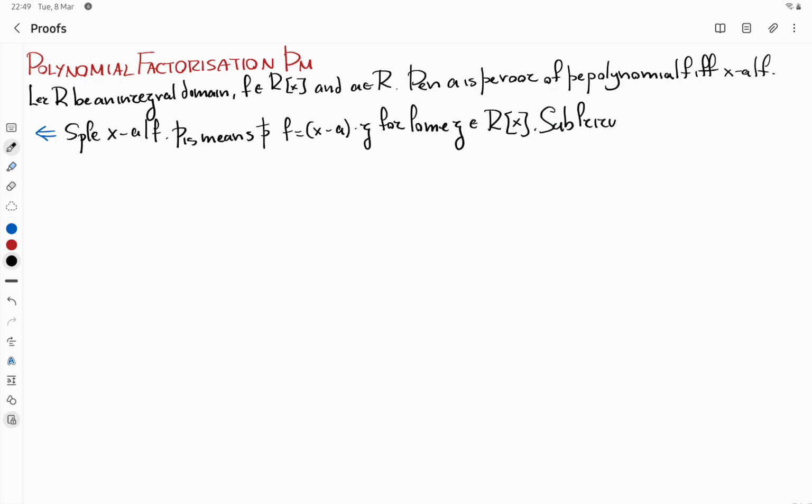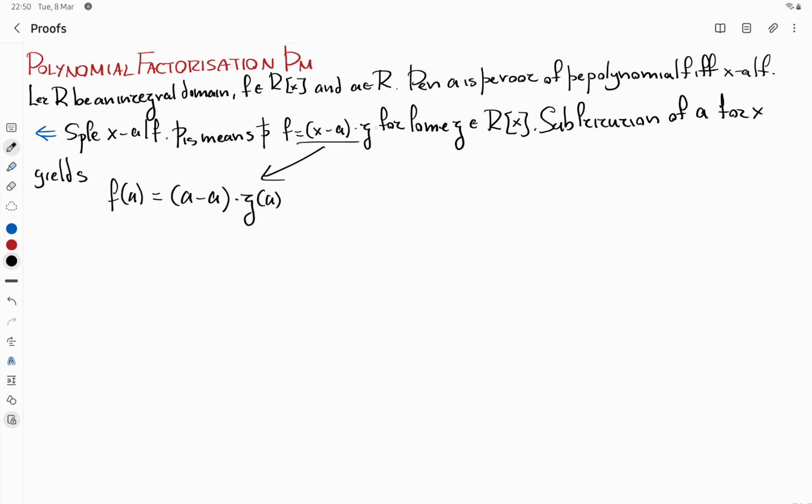Substitution of a for x yields f(a) is equal to, from up here, (a minus a) times g(a). This naturally is 0 times g(a), and thus it is 0. Ergo, a is a root. So this proves the first implication.